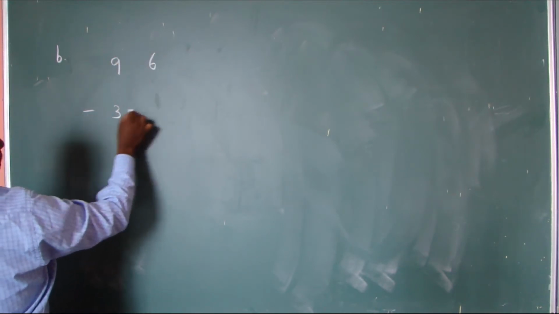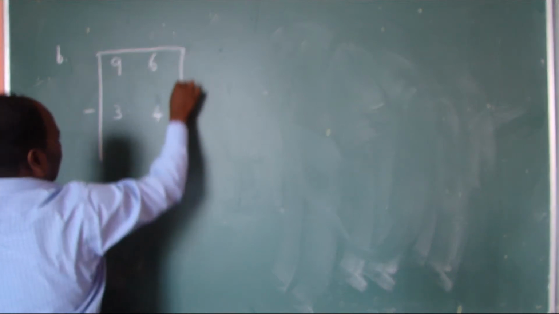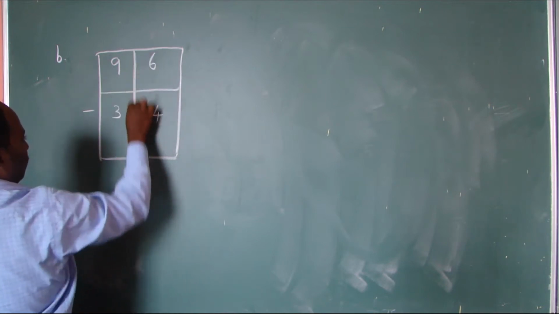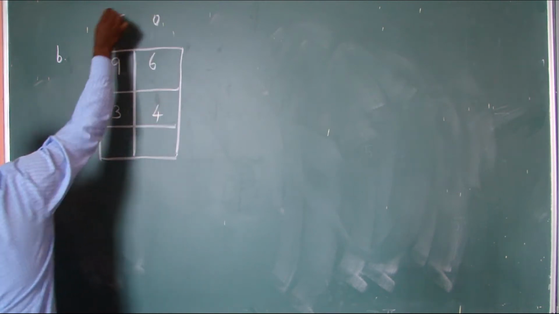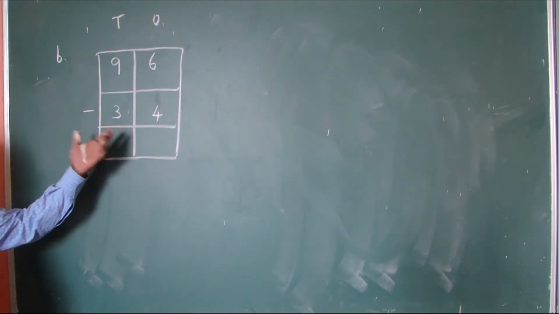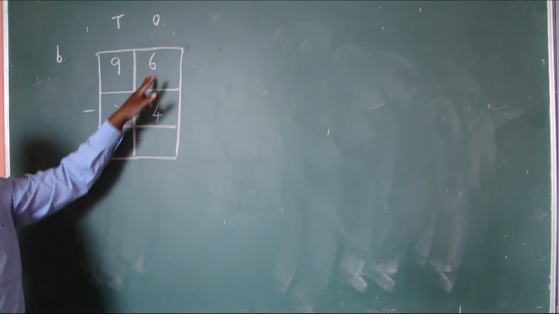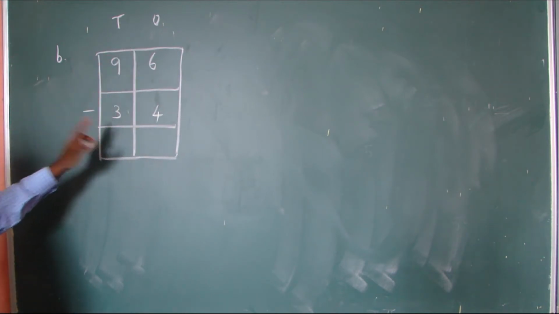96 minus 34. Ones, tens. We subtract the number 34 from 96. Ones place 6 and 4, and tens place 9 and 3.